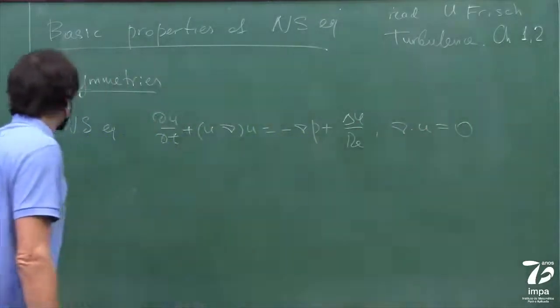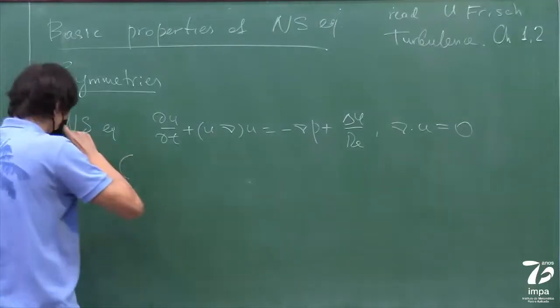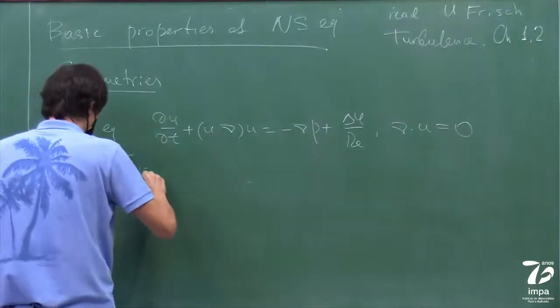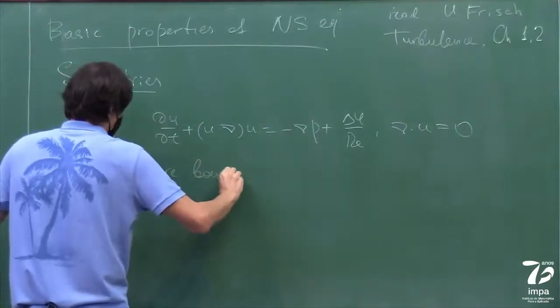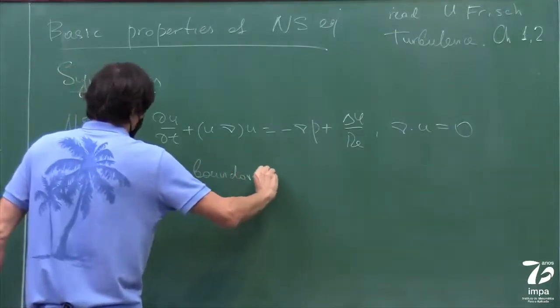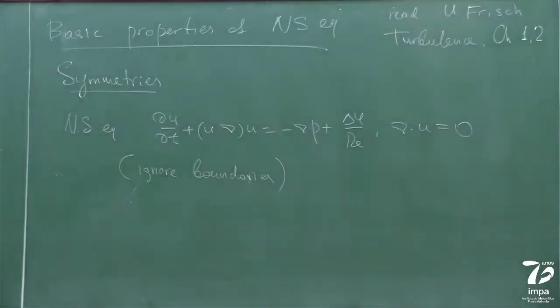And there are two things, and let's consider no boundaries. So ignore boundaries, which means that we consider it in the full space, full n-dimensional space. So what are the symmetries of this equation?